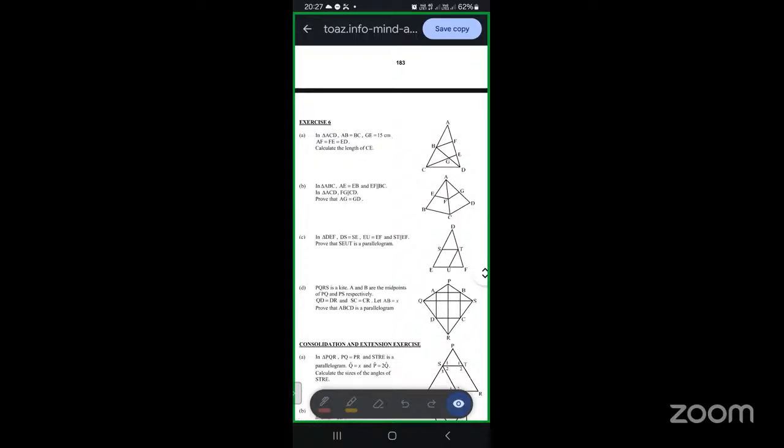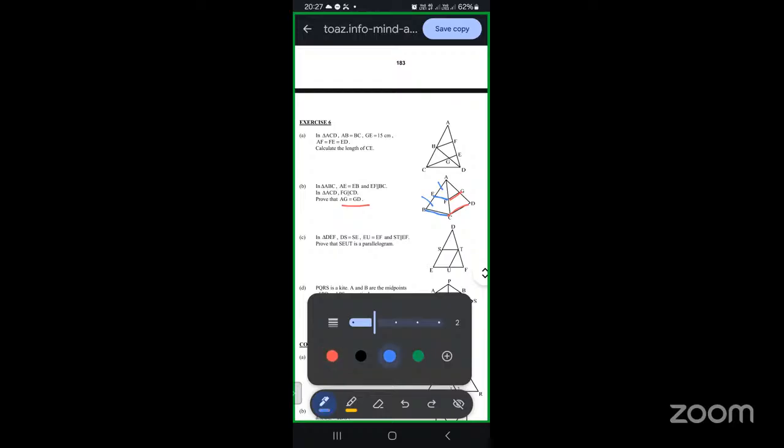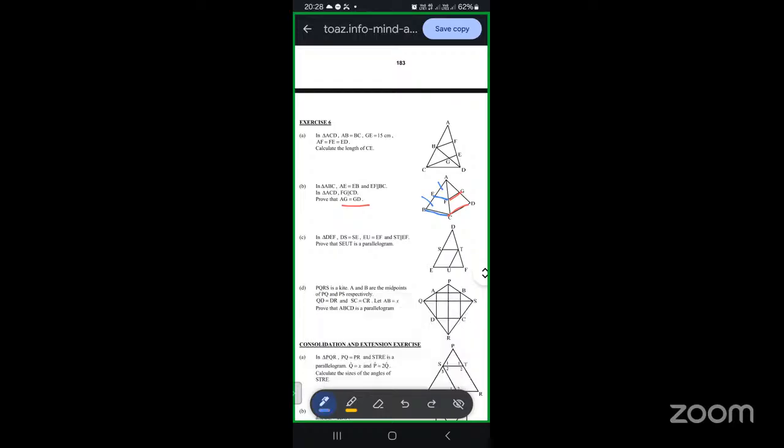Oh, okay, I understand, guys. But what is the midpoint theorem saying? If in that triangle ABC, AE is equal to EB and EF is parallel to BC, what is it saying?